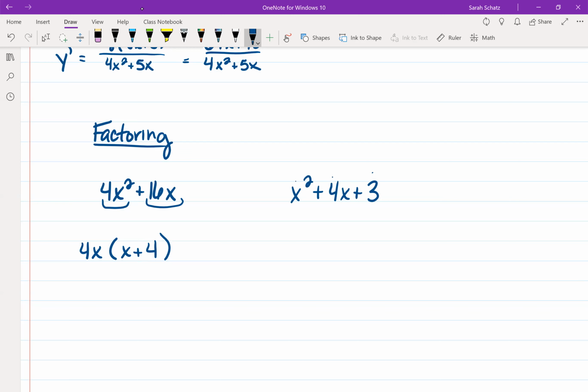So the greatest common factor method, like we did here, is out. So you guys, we use that quadratic factoring, and you've done it before. Some people like to call it reverse FOIL, but either way, we're going to go from this to this. It's going to be a term that has two binomials. So you take your trinomial, your 3-term problem, and you rewrite it as 2 binomials.